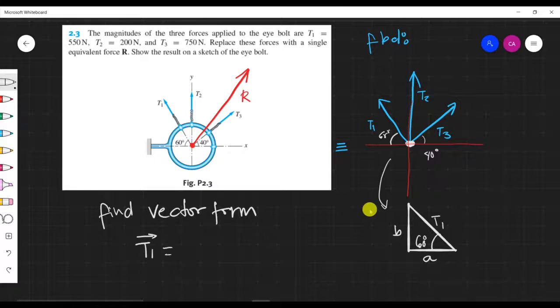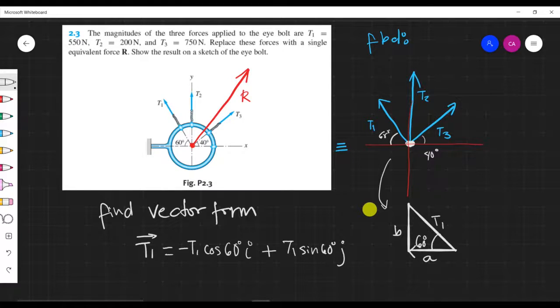Ibig sabihin niyan is yung kanyang vector form, T1 cosine 60 degrees i, which is pakaliwa siya, no? Tingnan nyo mabuti ha, pakaliwa siya. So, negative. Plus, pataas, so positive, T sub 1 sine 60 j.